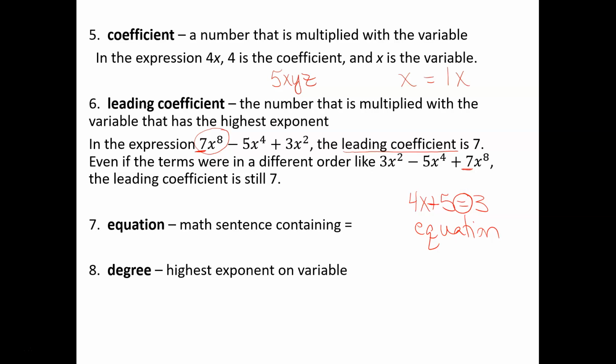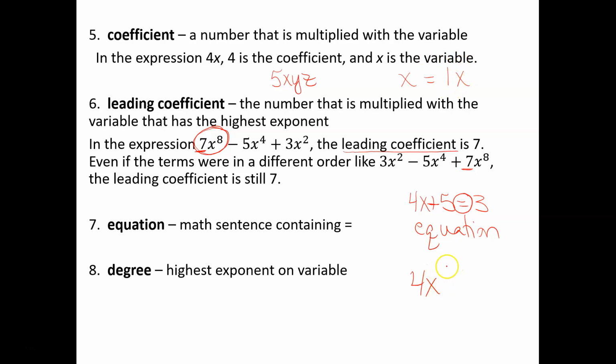We also want to know what degree is. It is the highest exponent on the variable. So if I were looking at this term, 7x to the 8th, its degree is 8. If I were just looking at 4x, that term, and I wanted to know the degree, well, it's kind of like what we talked about up here.